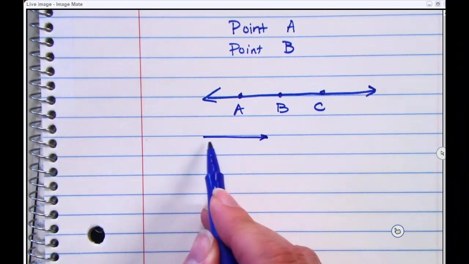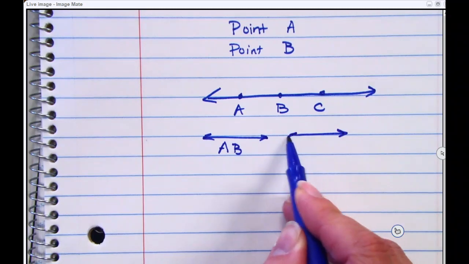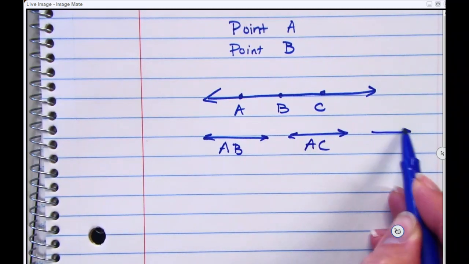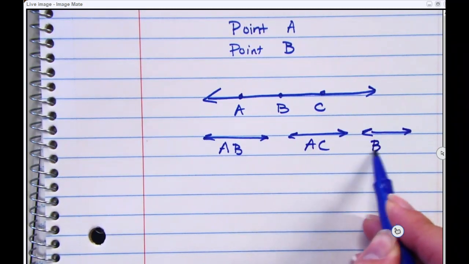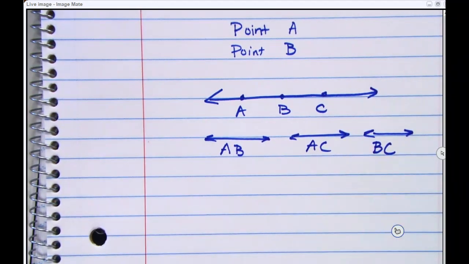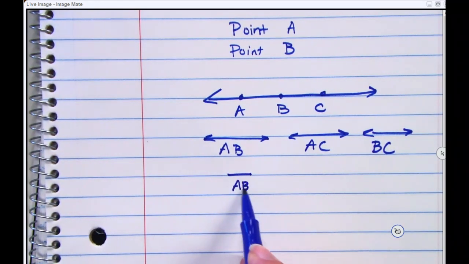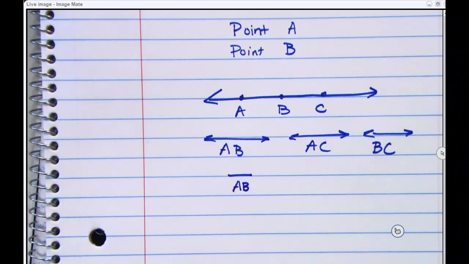So this could be labeled AB, it could be labeled AC, or it could be labeled BC. And notice what I have over every single one of those: the line. Now, usually you'll just see line AB without the arrows on the end. In fact, that's what you will see.